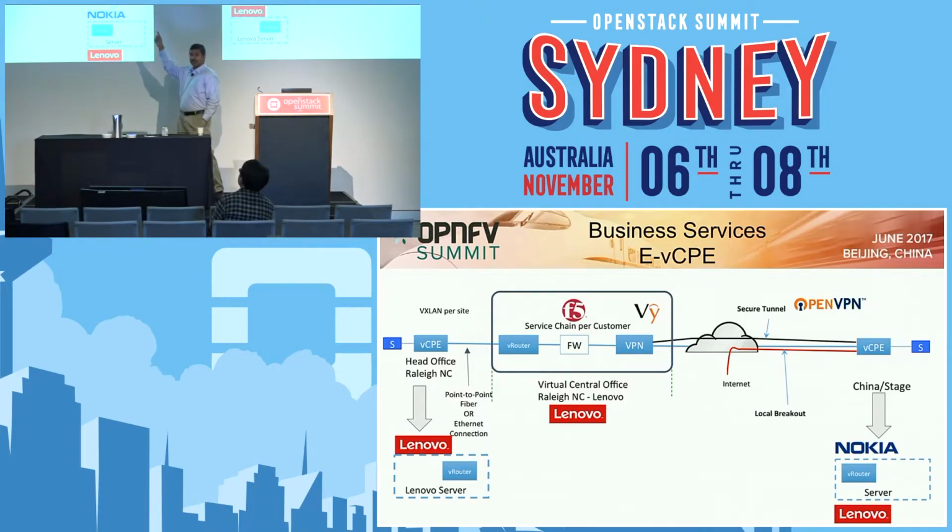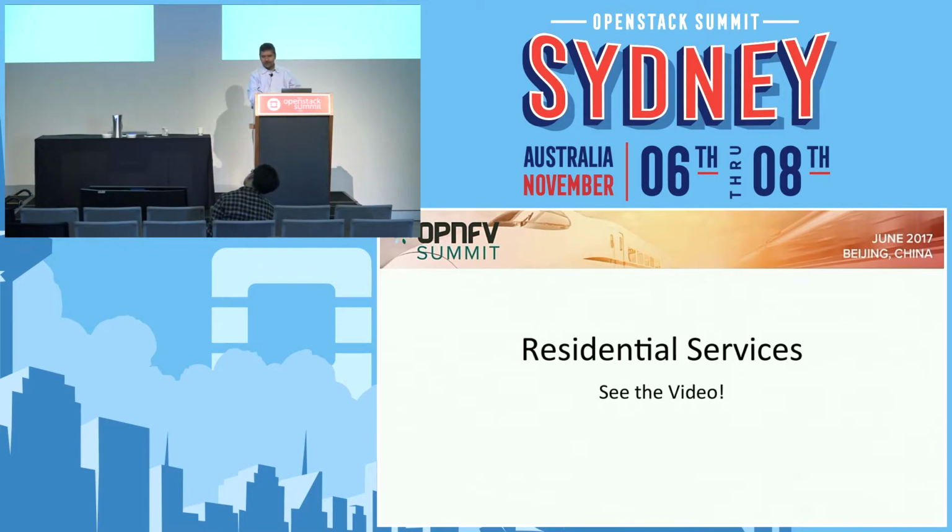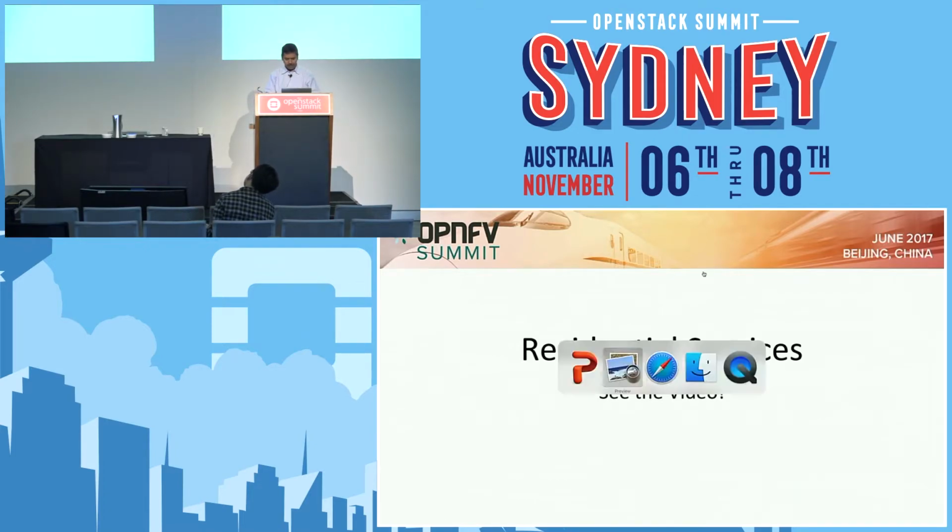It downloads that capability and says, okay, now I'm established as a branch. And then we could show that there's connectivity across from the stage all the way to the far side. We were hosting a bunch of applications on that vCPE on the far side to show that there's intranet connectivity across.